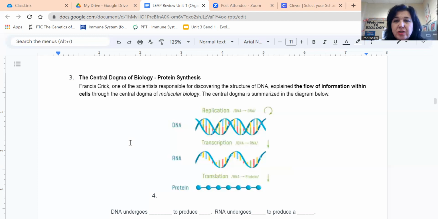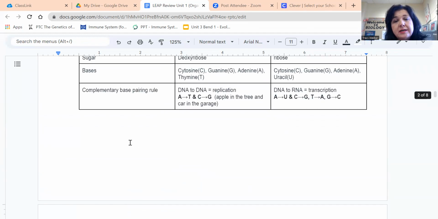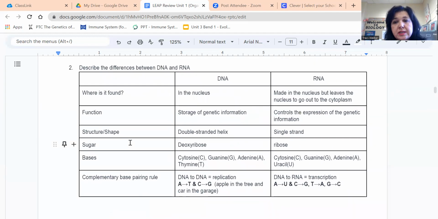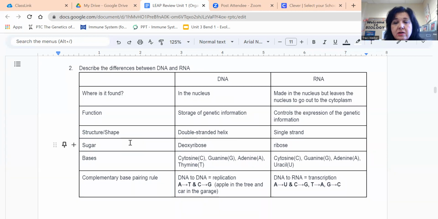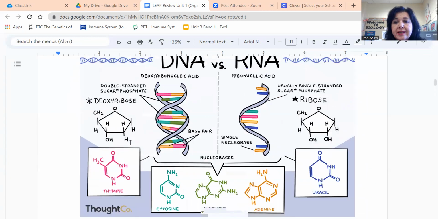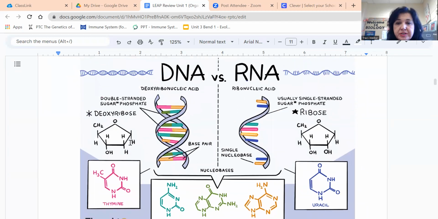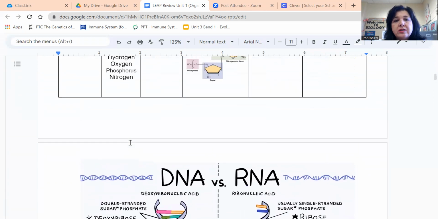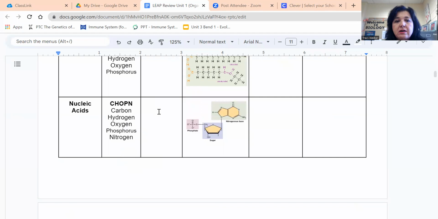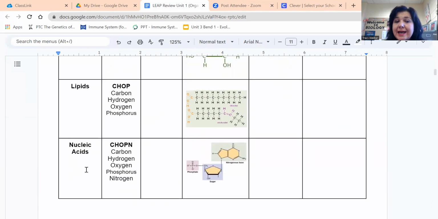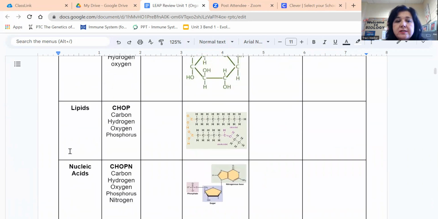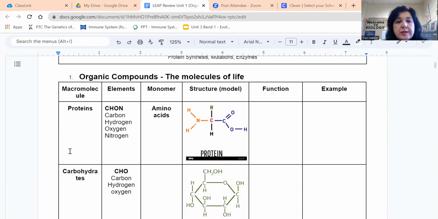And so just as a quick review, remember in our last video, we learned about DNA and RNA. We learned what they look like, what their individual components are and how they're different. And then prior to that, we learned that DNA and RNA are examples of nucleic acids, which is one of the 4 major macromolecules found in all living things.